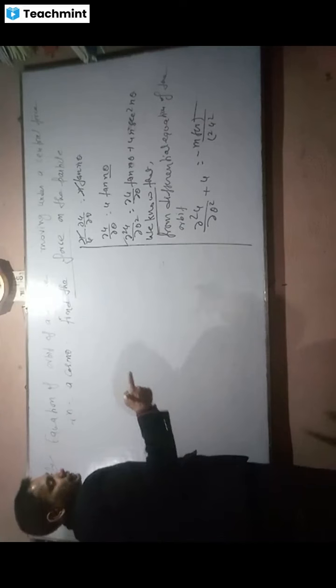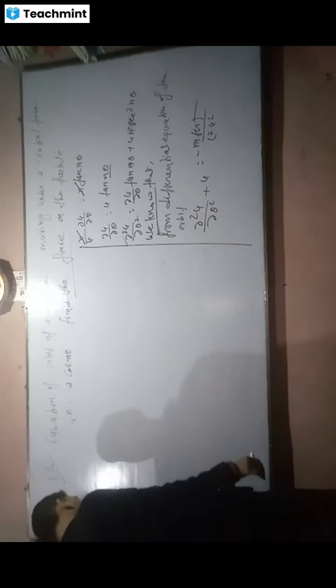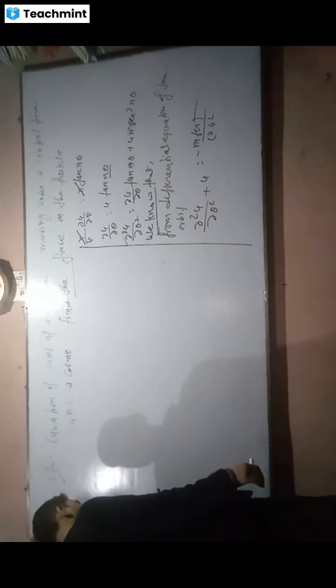Here ∂²u upon ∂θ², that means ∂u, put ∂u upon ∂θ here.